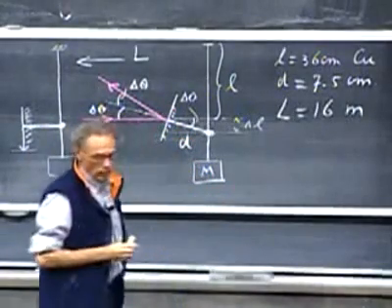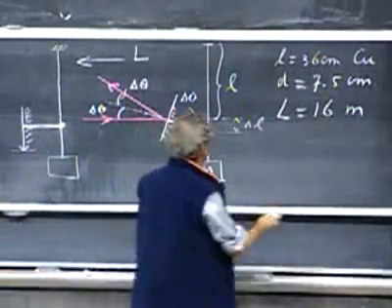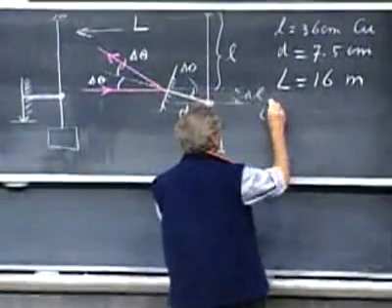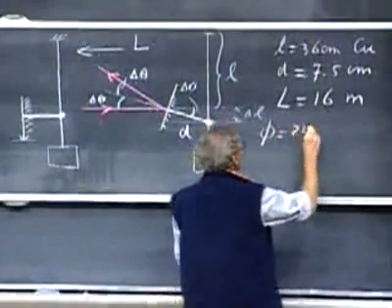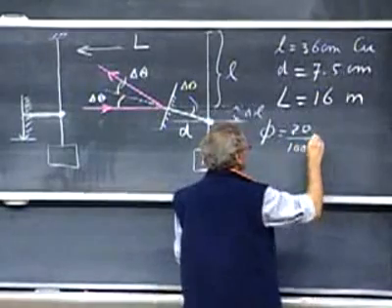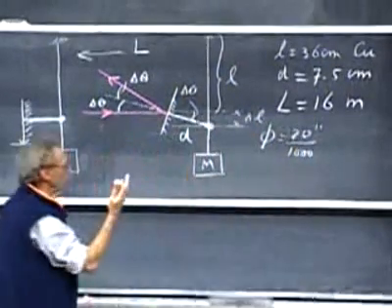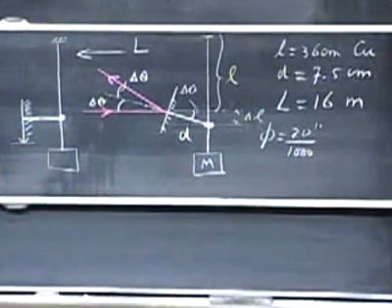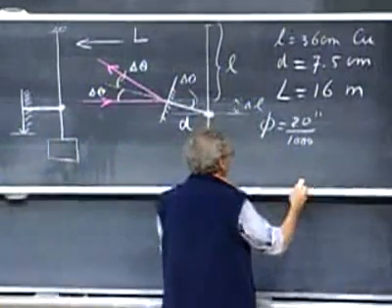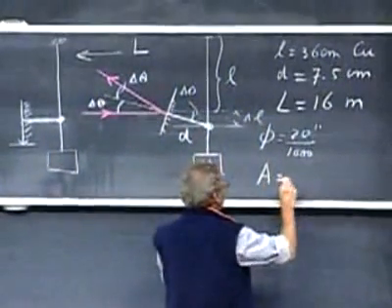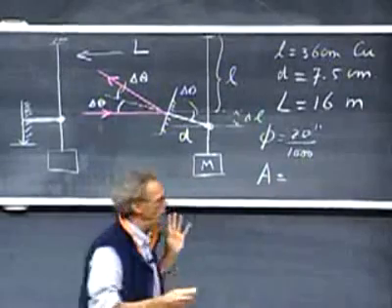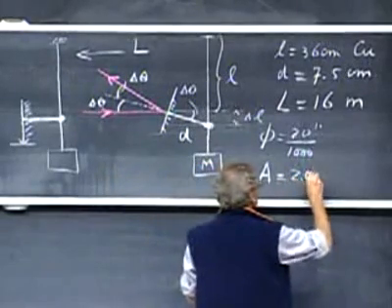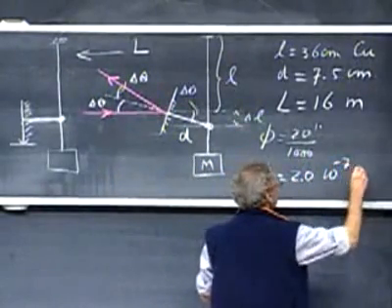The diameter of the copper wire is 20 thousandths of an inch. I give it in terms of the diameter because that's the way the manufacturer gives it to us, and that translates into a cross-sectional area of that wire of 2.0 times 10 to the minus 7 meters squared.